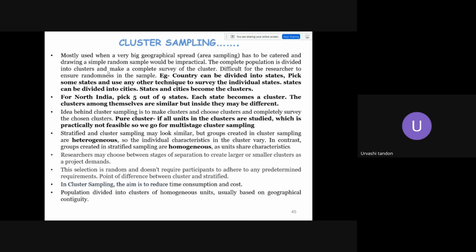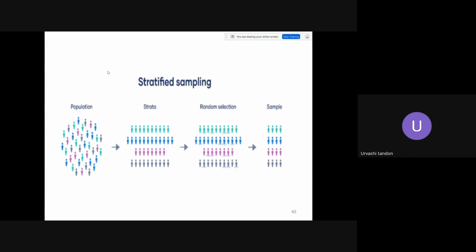Now the difference between the clusters and strata is that they may look similar, right, but the groups in the cluster are heterogeneous. Let's go back, just a moment. Where is page up? See, this is a strata, right?